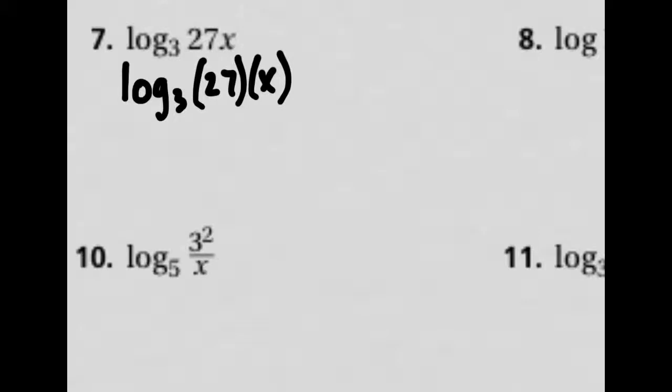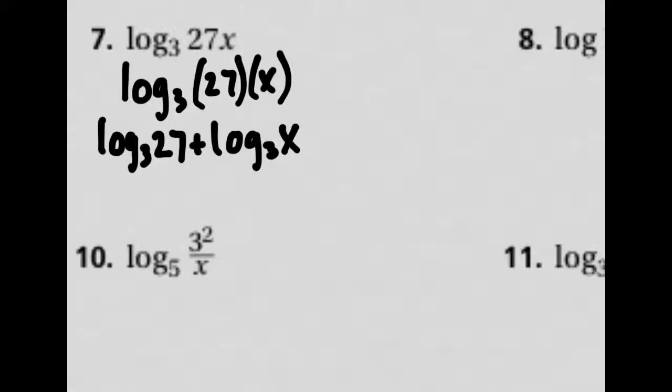So now if we go back to our problem, I have log base 3 of 27 times x. I can now split it up and write log base 3 of 27 plus log base 3 of x.